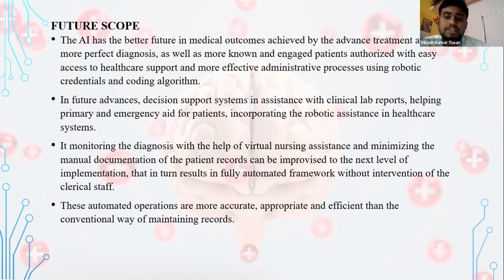Robotic operations are a very major thing for us, and we need them. These developments, with artificial intelligence, make things easier for us. We can get automated operation, more accurate operation, and at less cost. It will also be much easier to maintain records.